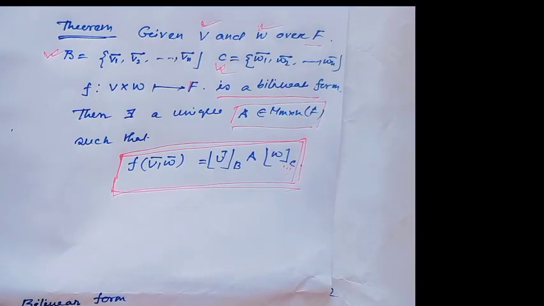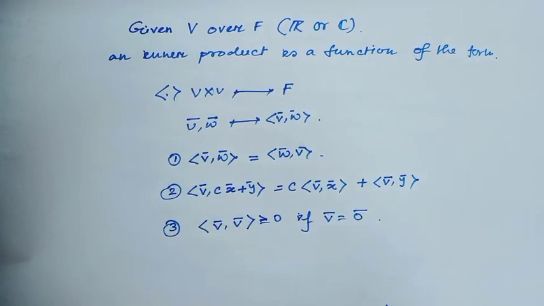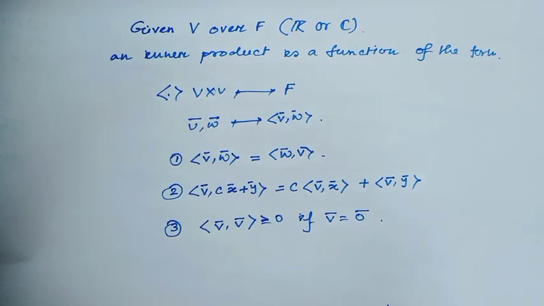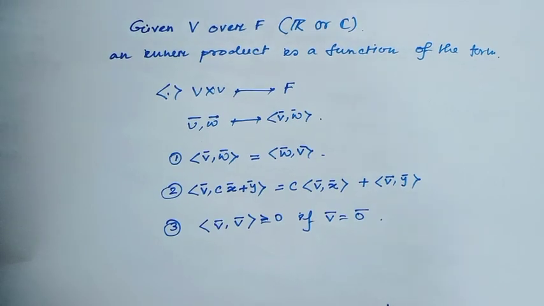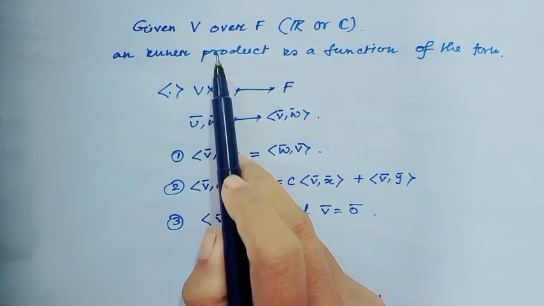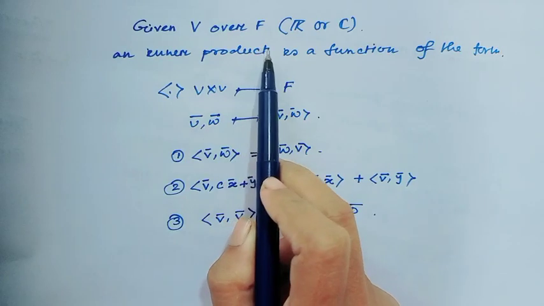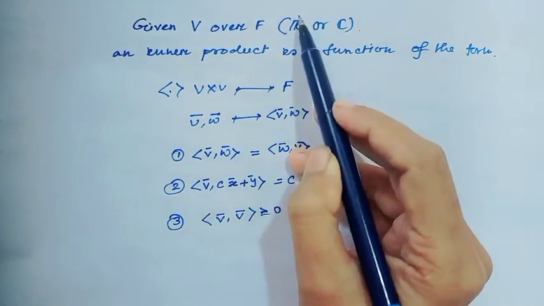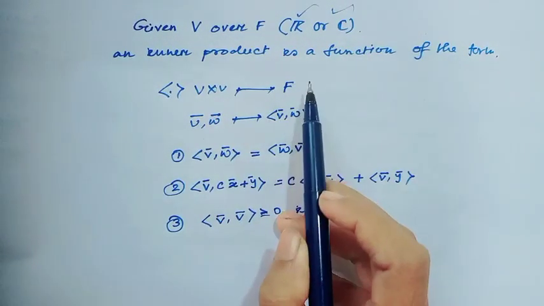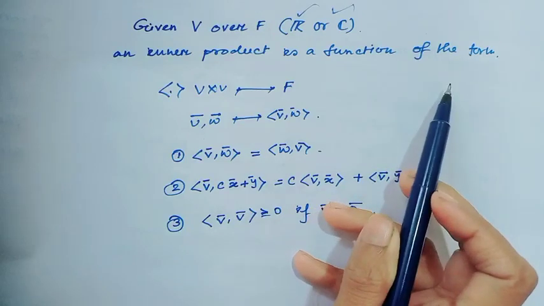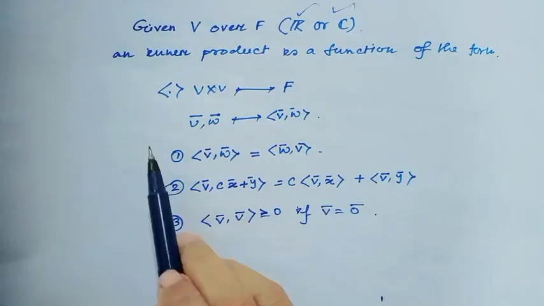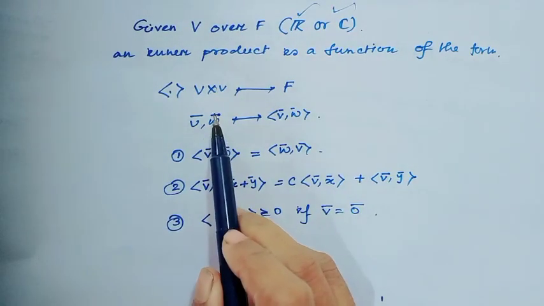Okay? Well, I have told you many times that the inner product is an example of a bilinear form. Consider the vector space V over the field F, where the field is either R or C. We all know the definition of inner product.